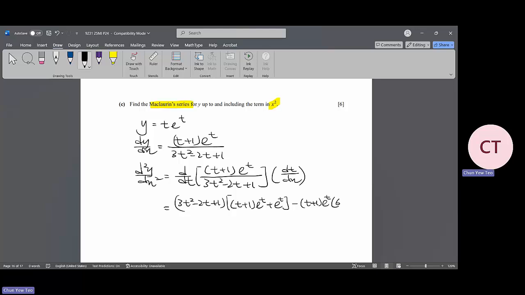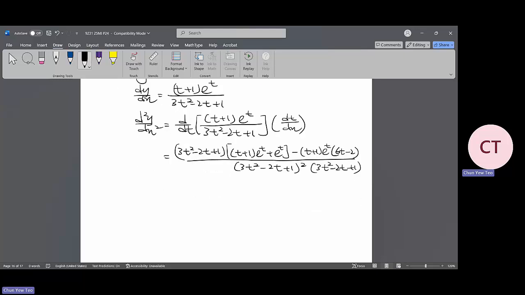This one will be 6t minus 2, divided by 3t squared minus 2t plus 1, squared. But dt/dx is actually 1 over 3t squared minus 2t plus 1. So I have to multiply this with 3t squared minus 2t plus 1. Not enough space, so I just squeeze everything inside the denominator here. So you can see now the power in the denominator has become 3.